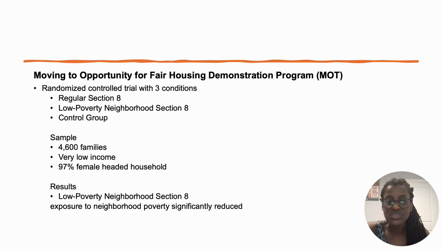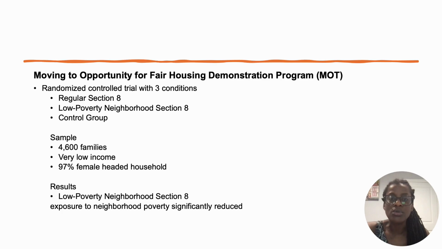So the first condition or group is called regular Section 8, in which the people in that group received a housing voucher for subsidized housing. Group 2, or condition 2, was called the low poverty neighborhood, and they received a low poverty neighborhood voucher plus counseling on relocation.